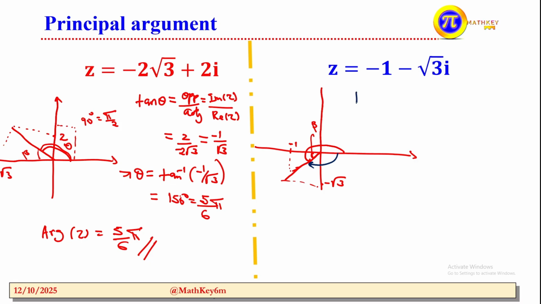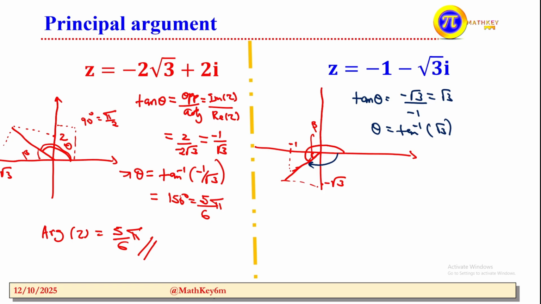So, what about tan theta is equals to the imaginary part, that is negative root 3, divided by the real part, negative 1, which is equals to root 3. What is theta? Theta is equals to tan inverse of root 3. Tan theta is positive where? At the first or what? Third quadrant ላይ ሁለቱ ላይ positive ይሆናል tan theta.